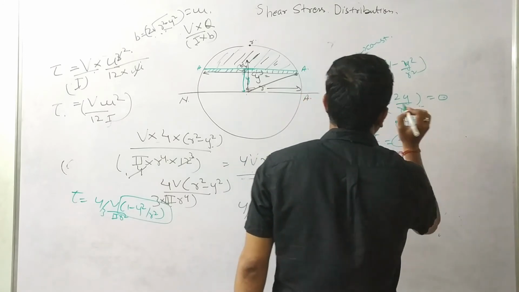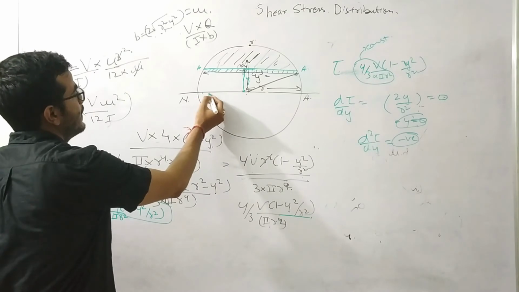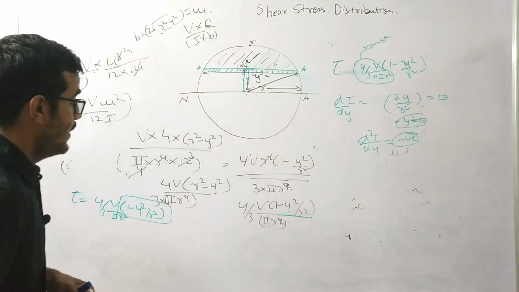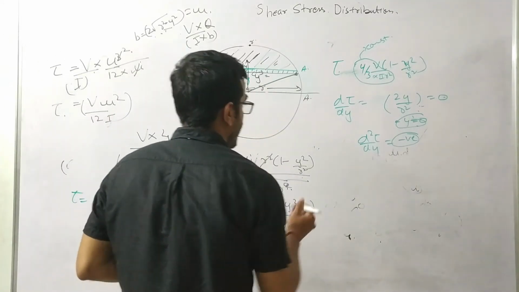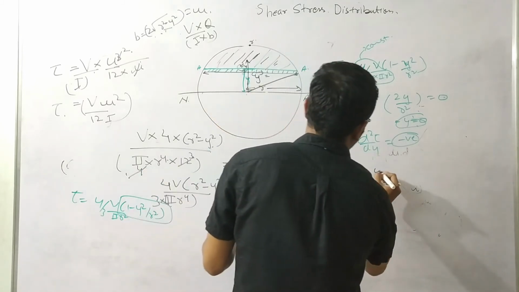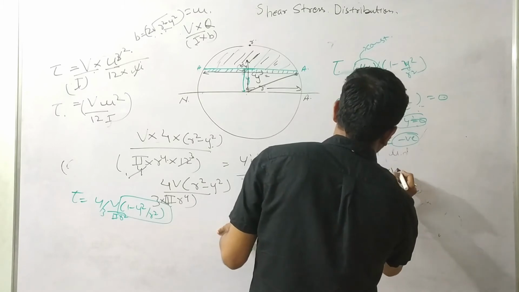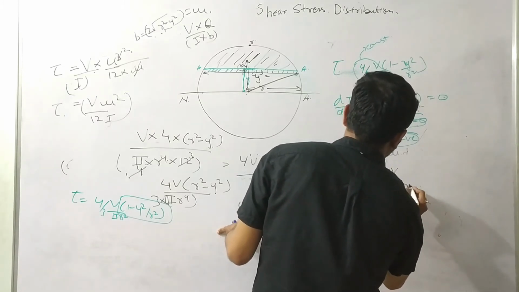So this will be maximum at y equal to 0. So here also I can say that my shear stress will be maximum at the neutral axis. And tau max at the neutral axis will be 4 by 3 V over pi r square.